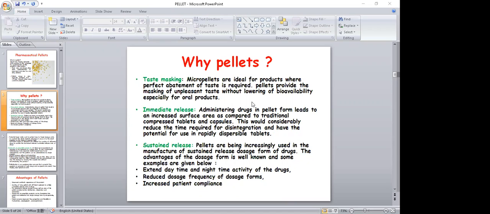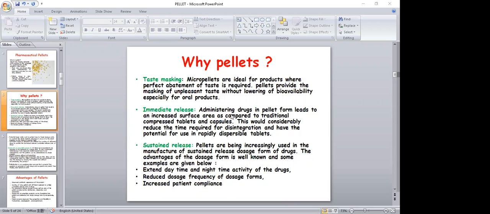The second reason for formation of pellets is immediate release. As we are converting fine powder into pellets, that leads to an increase in surface area as compared to other traditional dosage forms like tablets and capsules.